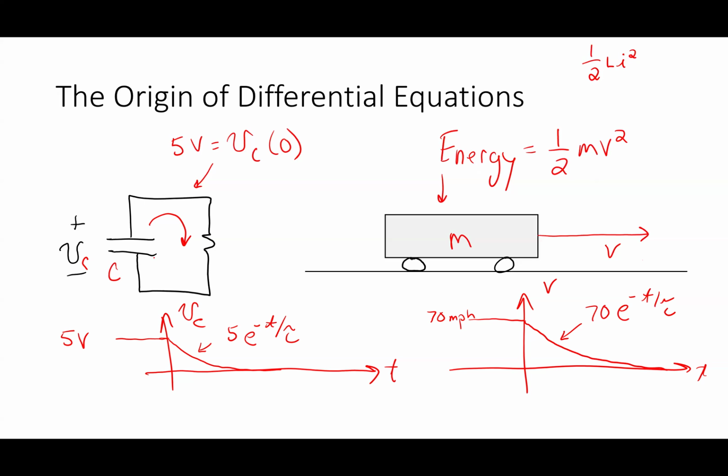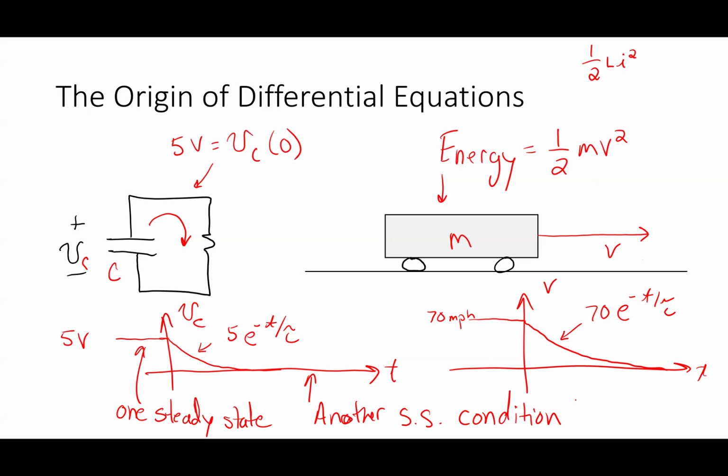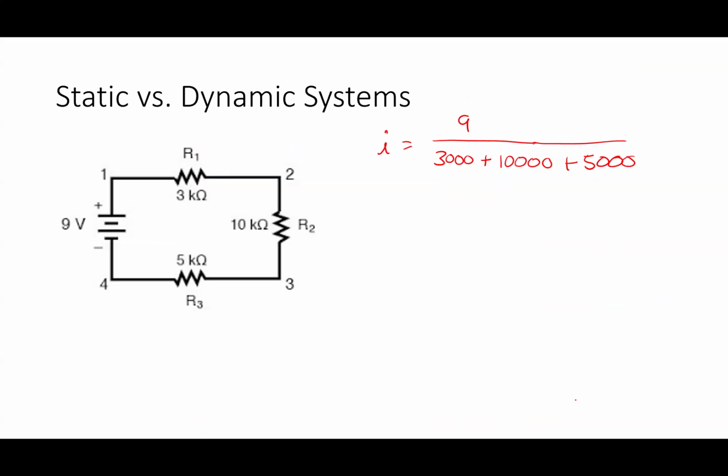This is the way I think of it: from one steady state condition to another steady state condition. In any of these systems there's basically going to be an initial steady state and a final steady state, and this exponential behavior tells us how it evolves from one to another. That's the part we call the transient response of this system, and that's the part we're going to be focusing most of our time on.